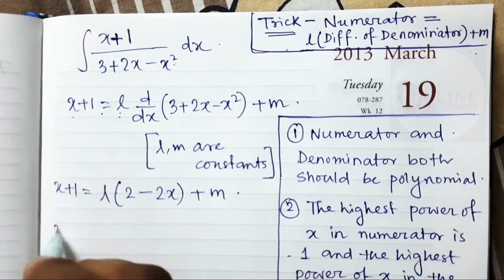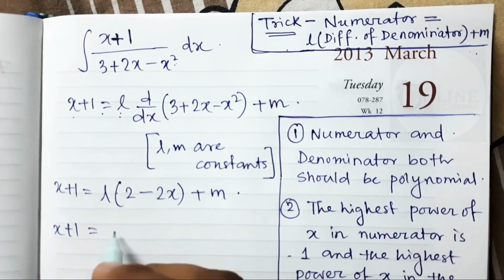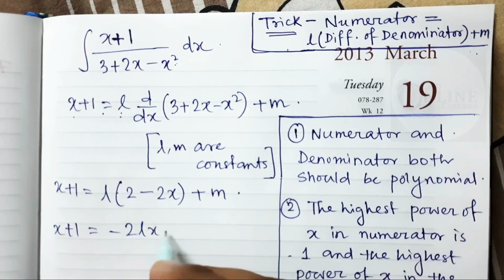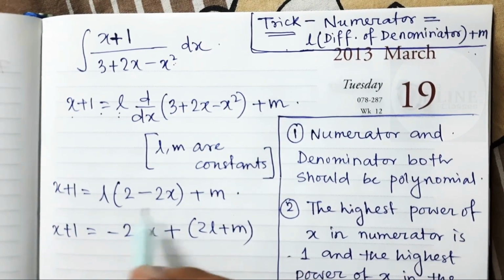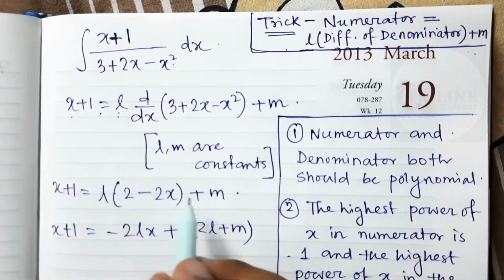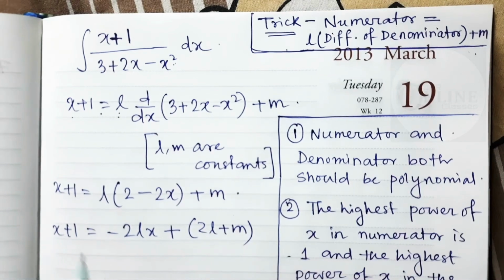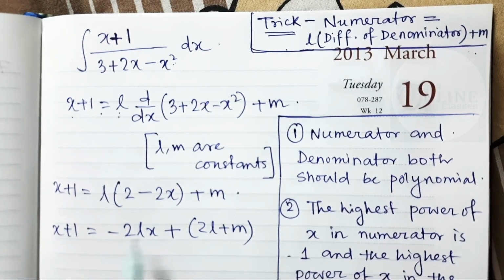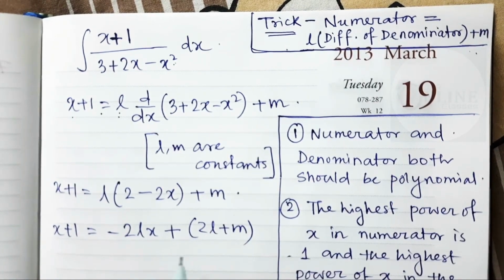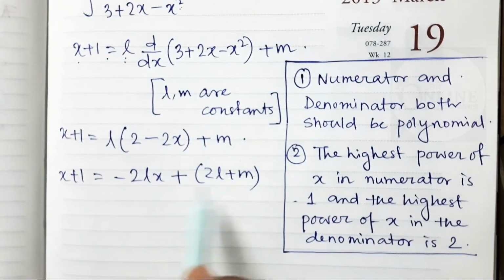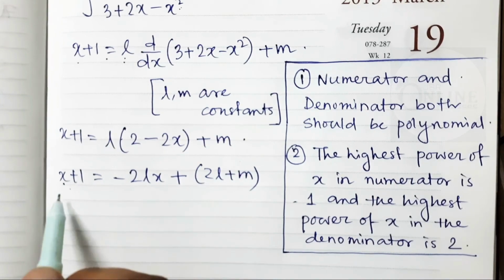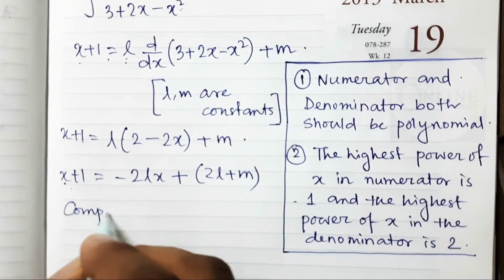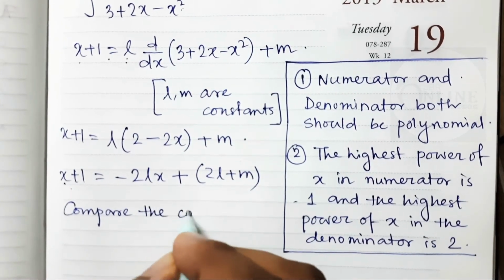Now x plus 1 equals minus 2Lx plus 2L plus m. Here I am just keeping the terms involving x together and the constant terms together, so that the format of LHS and the format of RHS are similar.